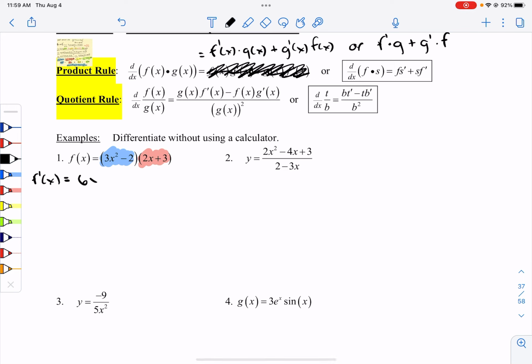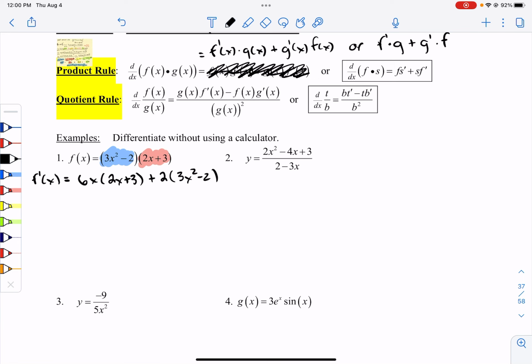Well, that's just 6x. And then I multiply that by the second function. So 6x times 2x plus 3. Then I'm supposed to add the derivative of the second function. So 2x plus 3, the derivative of that is 2, multiplied by the first function, which is 3x squared minus 2.